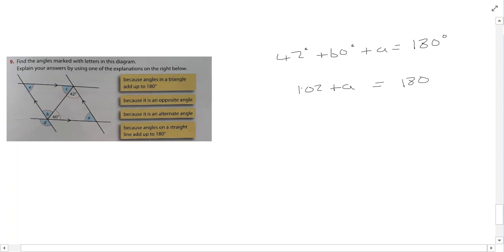Now we want to get rid of the plus 102, so we can minus 102 from this side. If we minus 102 from this side, we have to minus 102 from the other side.